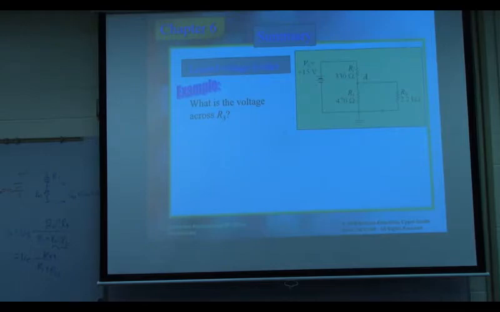Okay, now we are given these numbers. You calculate the voltage across R3. R3 and R2 are the same, right? We mentioned in the formula before it's V2, but V3 is the same. Now you calculate this. Give me 2 minutes to finish it.